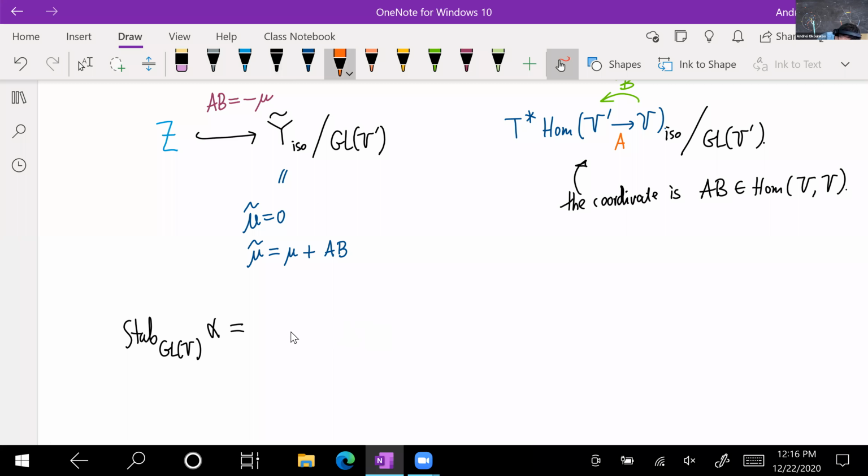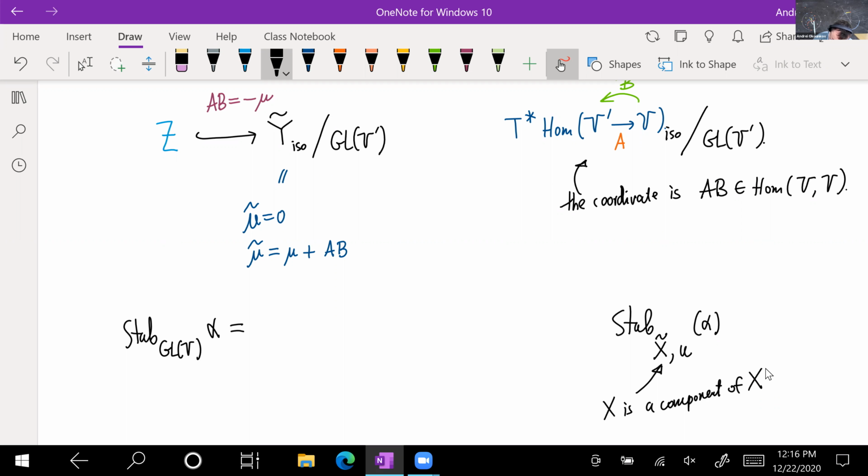So what's the chain of transformation? We take the stable envelope on that space X twiddle with respect to U of this class alpha, because X was one of the components of X twiddle U. So it makes sense.